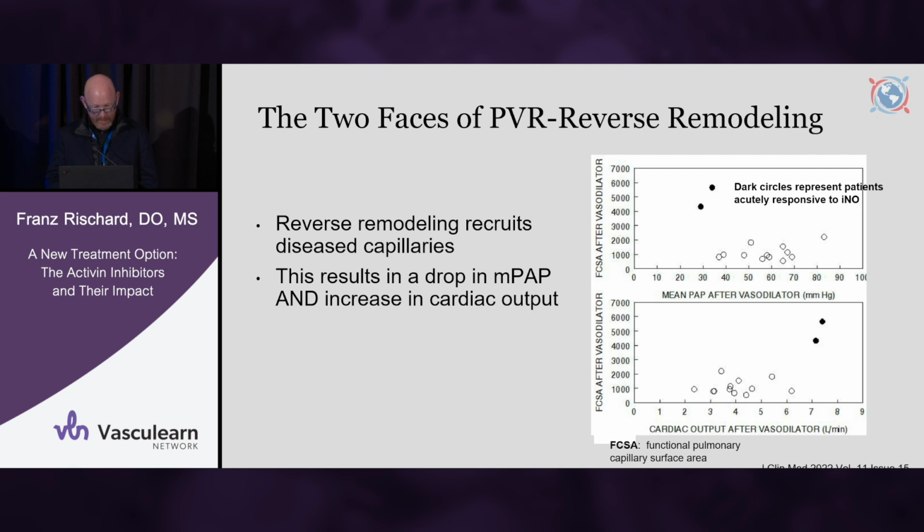This is indicated here with the FSCA, which is functional pulmonary surface capillary area. The point here is that once patients are placed on our traditional medications, there is very little recruitment as far as we know, whereas in patients who see a drop in mean pressure, potentially there is some recruitment.